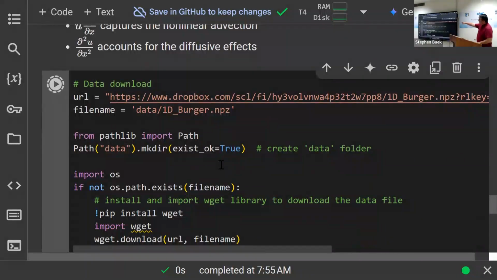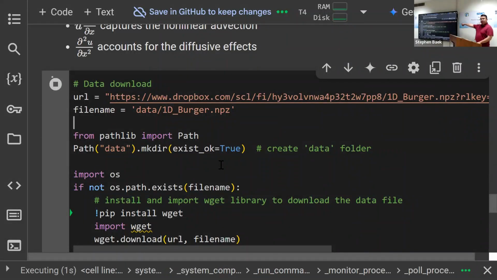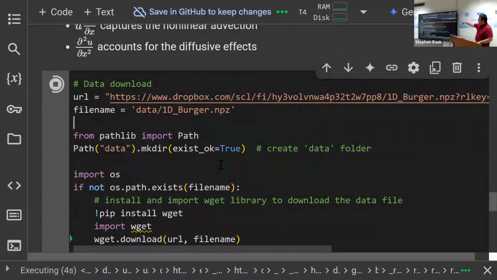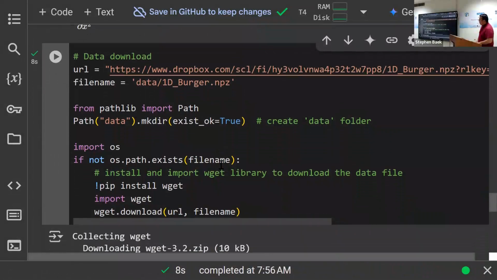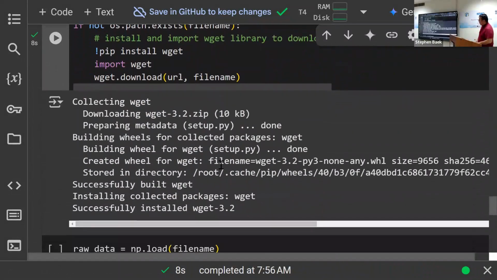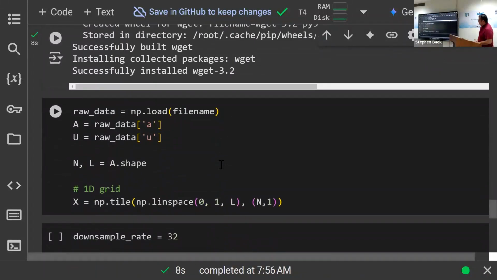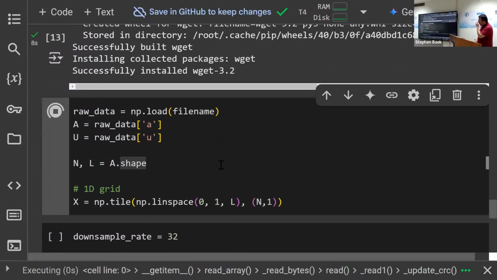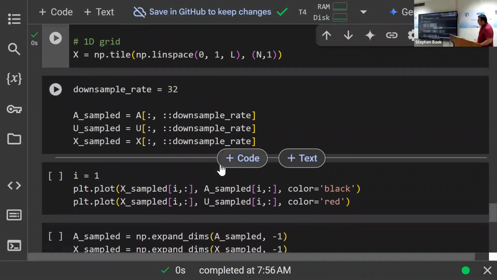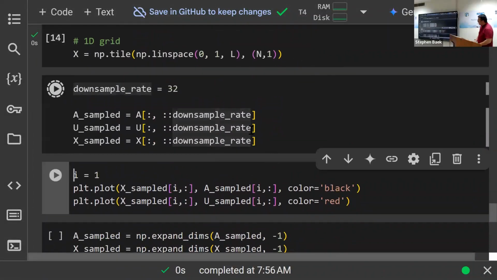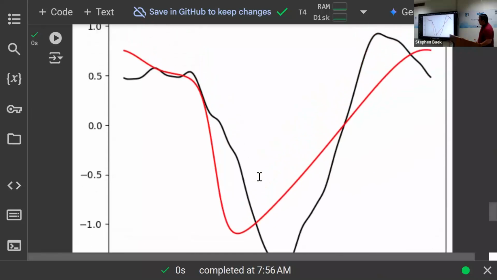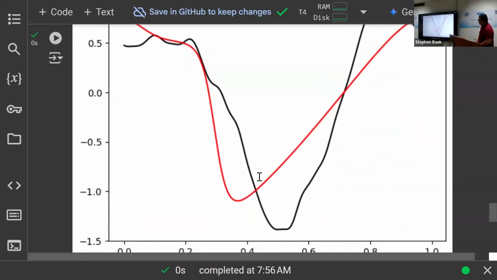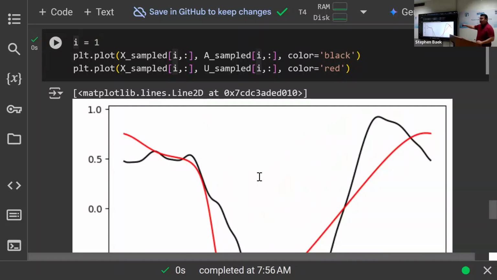Now I have a pre-generated set of numerical simulations. So we have 1D Burgers equation simulation with a varying number of cases. So here's the plot of the Burgers equation data. We have the black curve and then the red curve.